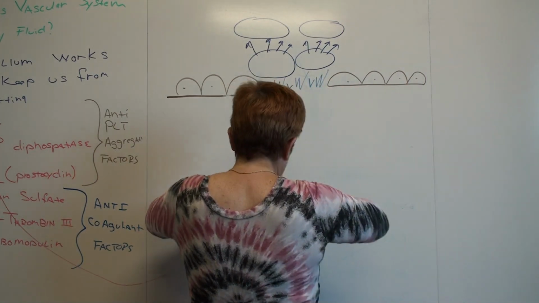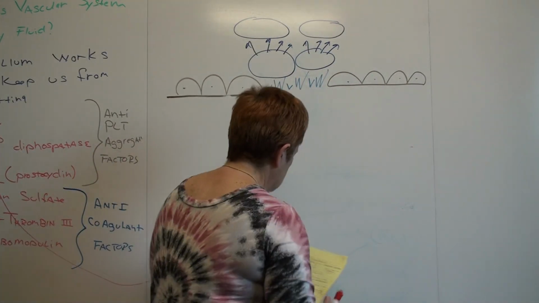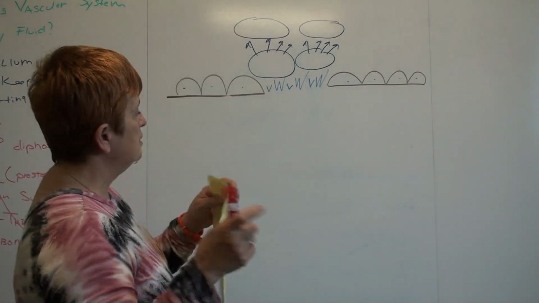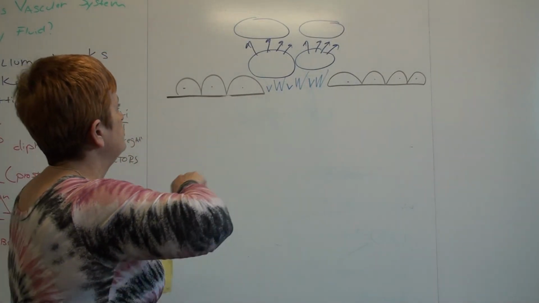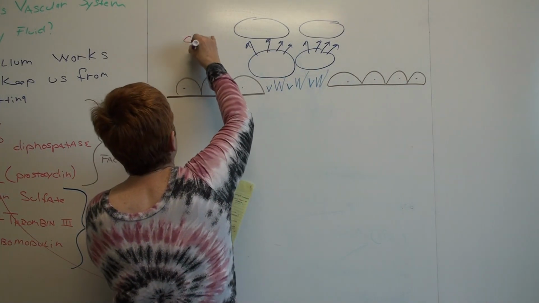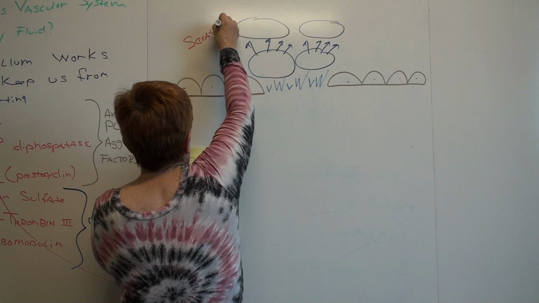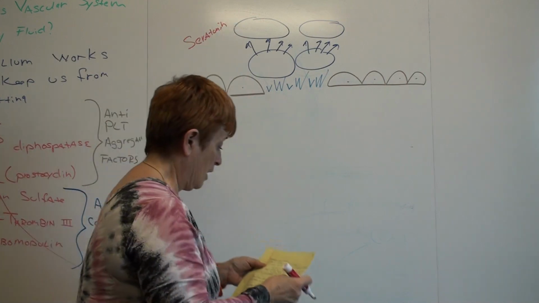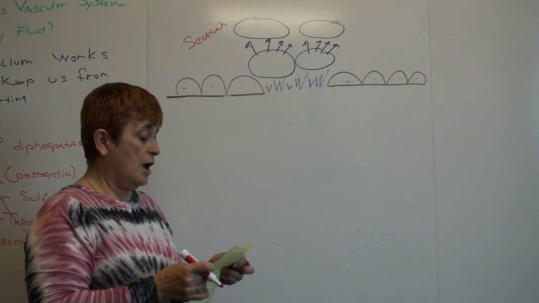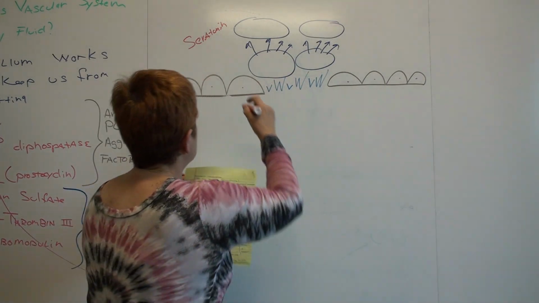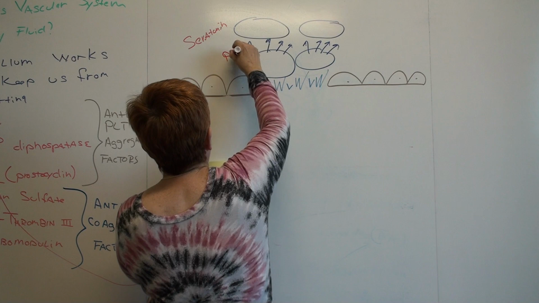Okay, so what's happening here? We have vasoconstriction that's coming in, and we have some serotonin that's around. Remember that the platelets are releasing all this stuff, so we've got ADP there also.